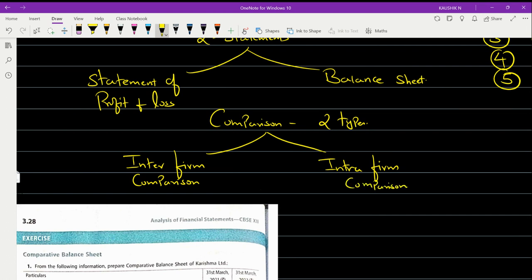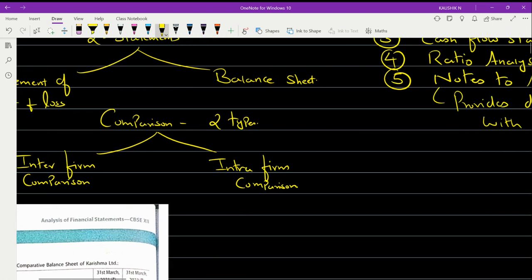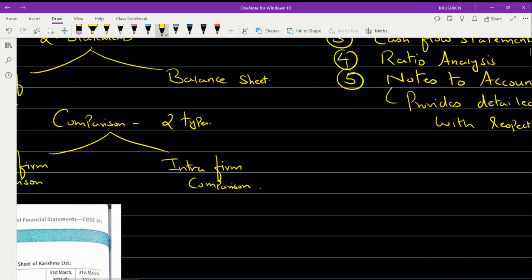Do you have any idea about the difference between these two words, inter and intra? Between all the firms and between the same firm. Very good.